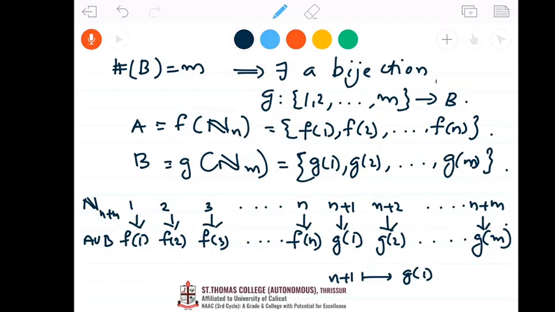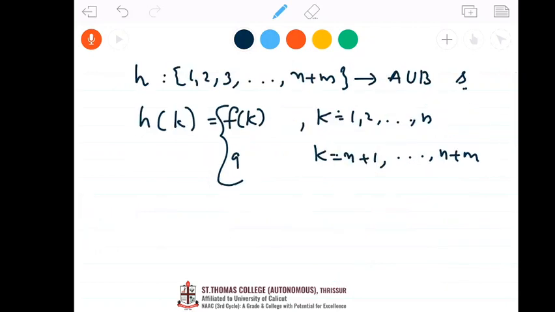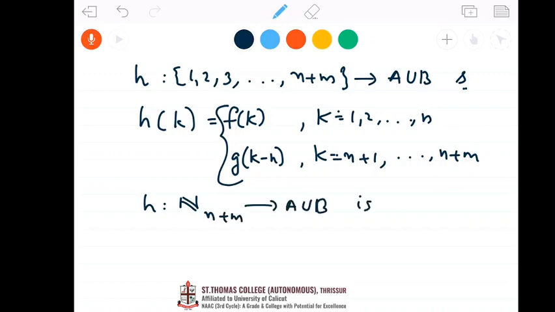So this is nothing but g of k minus n. So if we define h like this, h is a bijection from 1 to n plus m to A union B, so that A union B contains n plus m elements.